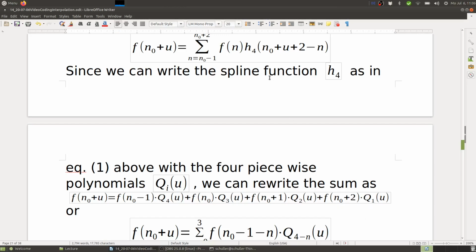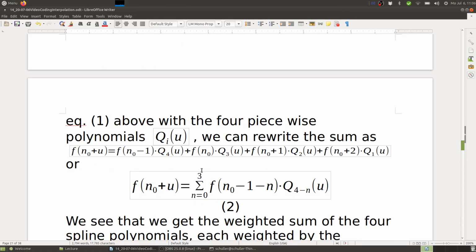Since for each n we get a different q in h4. So that's why we have 4 contributions now. Or using this sum expression, here we have our function values within the range of our spline, and here we have our 4 polynomials of our spline. So here you can see this n goes down for our pixel index, and it also goes down here for our q index.